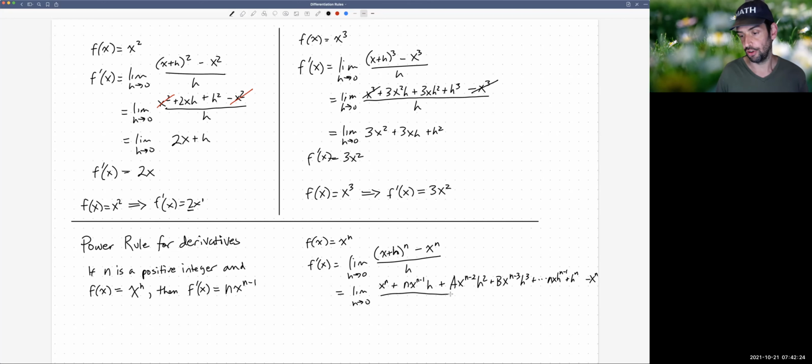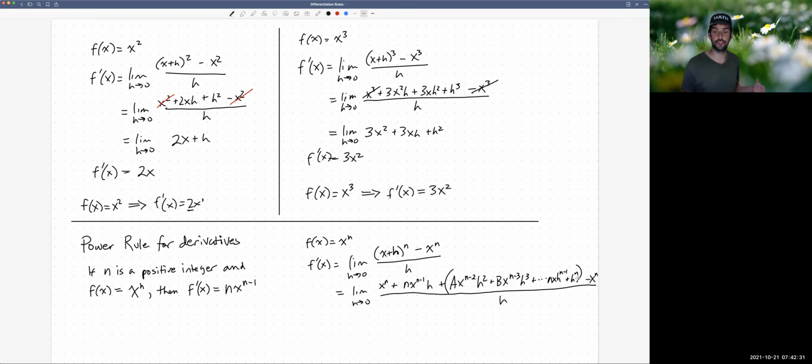Okay, so the part I'm hand waving is all this stuff in here. All that's important about all these terms is that they're all going to be a constant times a power of x that's getting smaller, and powers of h that are all at least h squared. Okay, now what's going to happen?